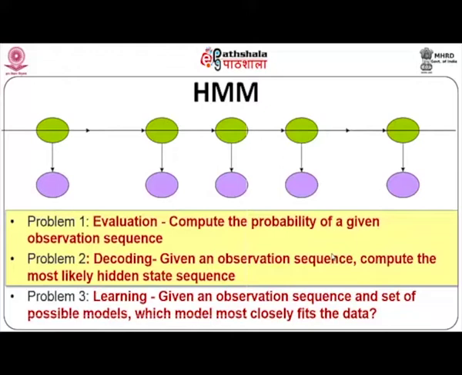And given that sentence, what is the probability that the is determiner, man is noun, eats is verb, the is determiner, carrot is noun? So, what is the probability that this is the most likely hidden state sequence? I have told the correct one, but we have to find that out. So, that is the decoding problem. So, the tagging problem is actually the decoding problem.